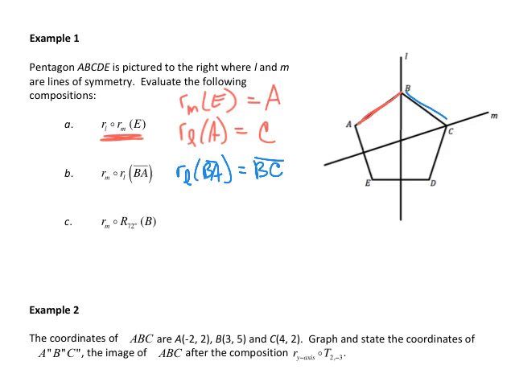And the order is important. B is on the line of reflection, so BA turns into BC because A maps to C, and that's an important little thing.